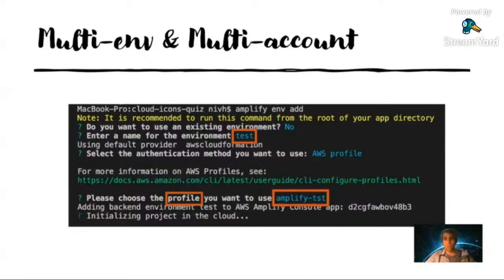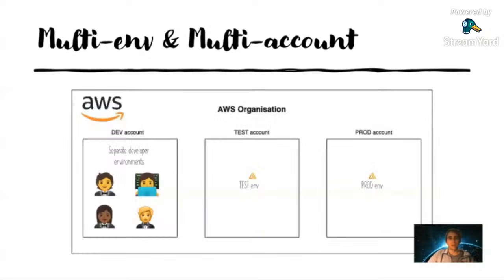And now we choose a profile that contains the credentials to connect to the test account in this case. So this environment will actually be set up on another cloud account, which is the best practice. You can do the same thing for production, and now you have your developer environment on your dev account, you have your test environment on your test account, and you have your production environment on your prod account, as it should be.